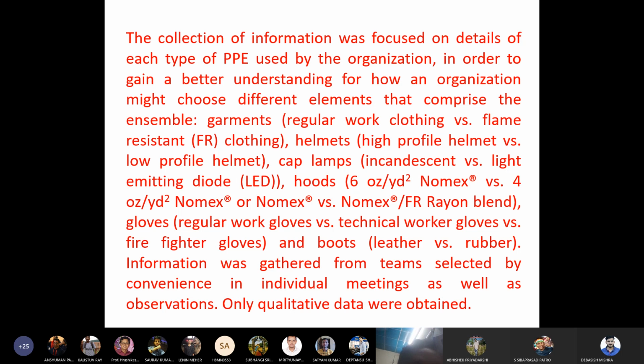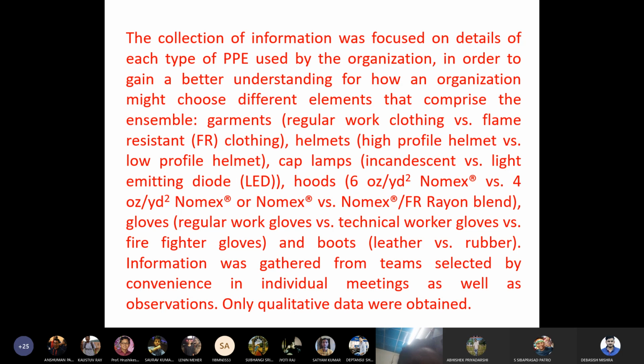The mine rescue team members have to wear garments, clothes, and body covers: regular work clothing versus flame resistant clothing. The clothes should be flame resistant if they are going to fight fire.